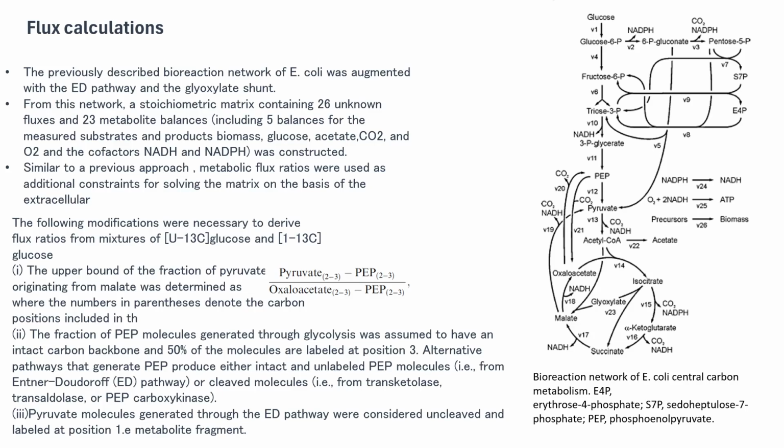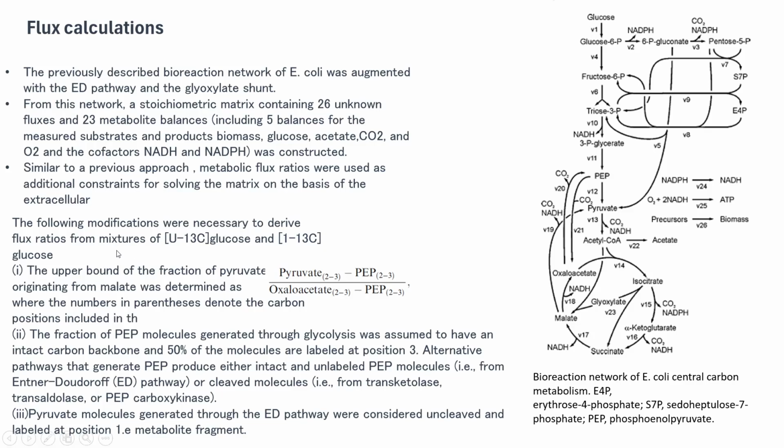So 5 balance constraints they have put: biomass, glucose, CO2 and O2, and also for NADPH and NADH. Metabolic fluxes were used as additional constraints for solving the matrix on the basis of the extracellular rates. Sorry, the rates is missing. And this is how they solved basically the flux ratios.